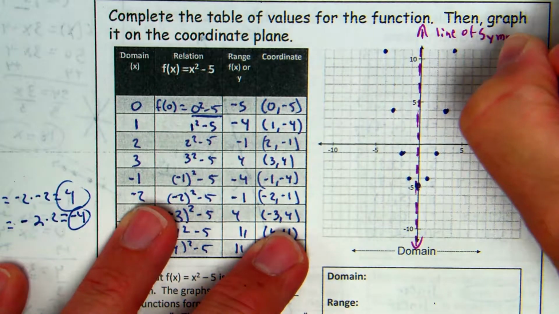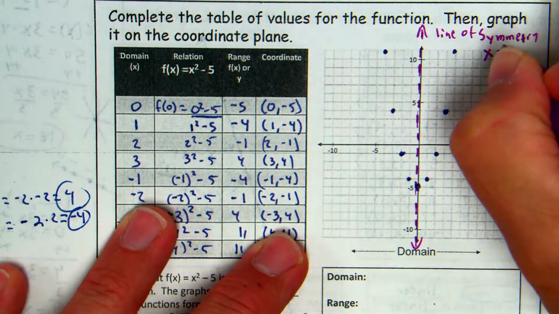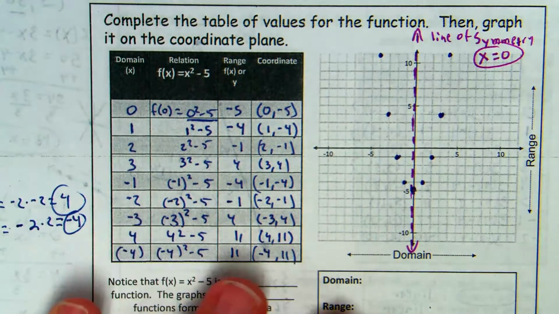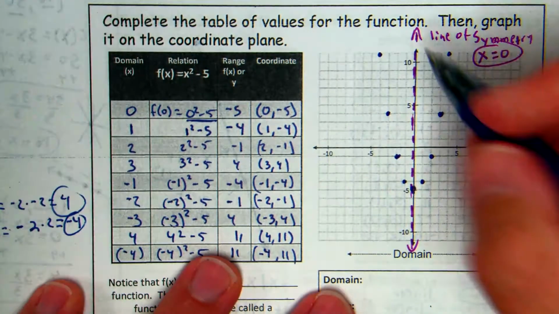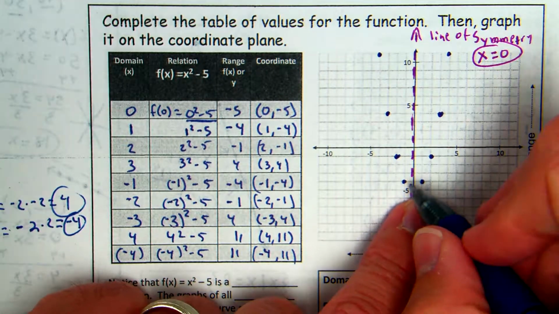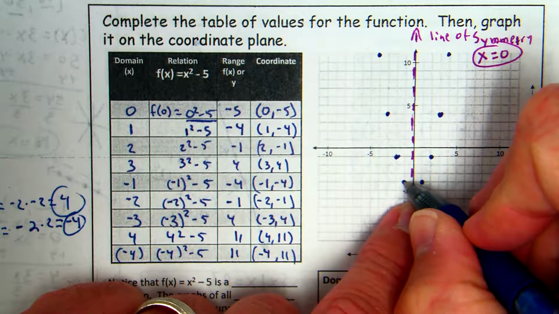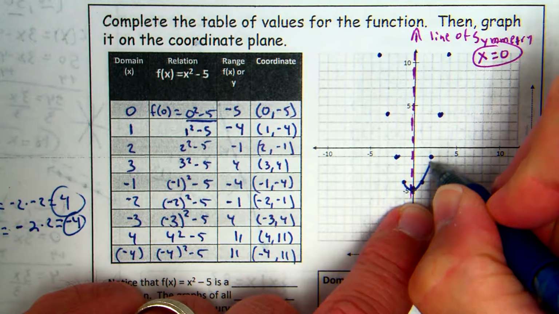Once again, it is on the y-axis. They are not always on the y-axis. There's your equation for the y-axis. Notice as well that unlike the absolute value function, this is not two straight lines. Instead, this is two curves.